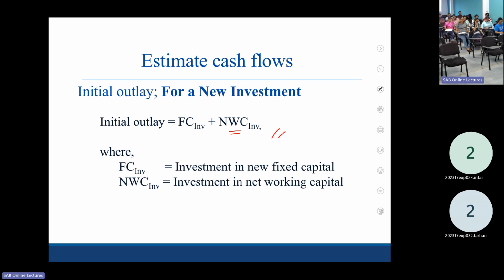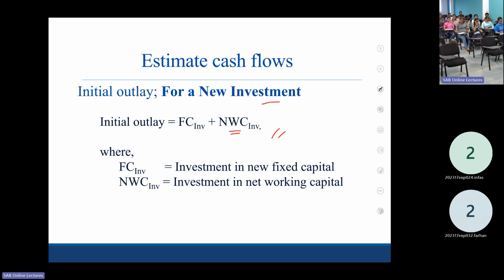If it is a new investment, you have to consider the fixed cost related to the project. In addition to that, because of this new investment, you may have to invest in certain current assets. You may also have certain current obligations. So that is also something you have to consider. That is the net working capital investment.